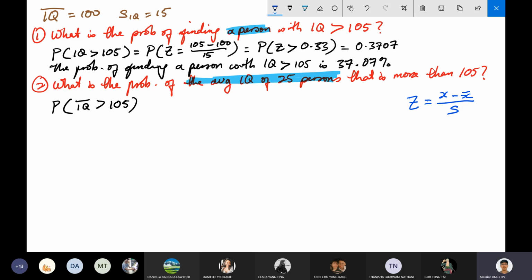So that is what we use in question 1. But in question 2, we are using something slightly different. The standard deviation is no longer the standard deviation. It is the standard error. So which means that the equation now becomes this.